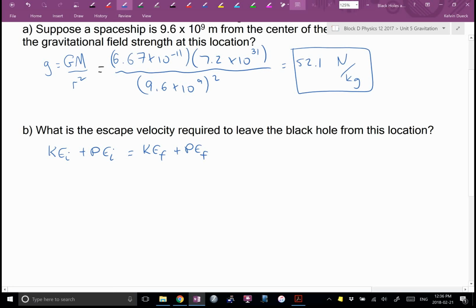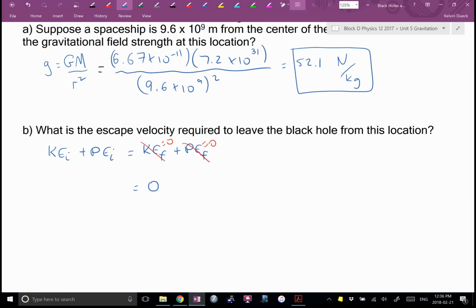And what do we want our final potential energy to be? We want this to be 0, and we want our final kinetic energy to be 0 because we want to come to a stop when we're free of the black hole. We want this to be just perfect. And so really, we have an equation where the entire right-hand side is 0.